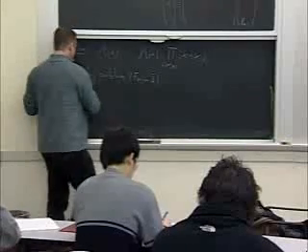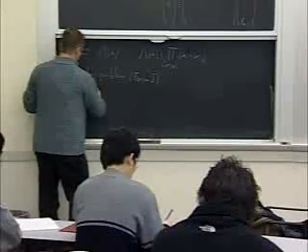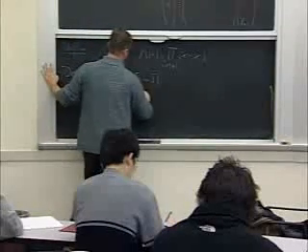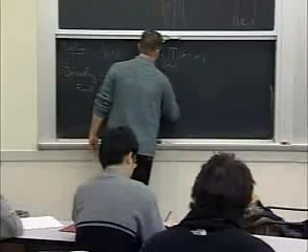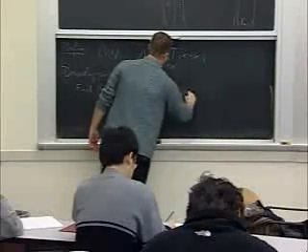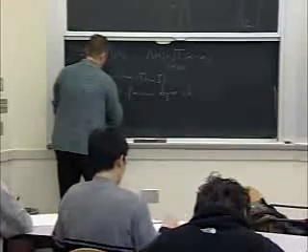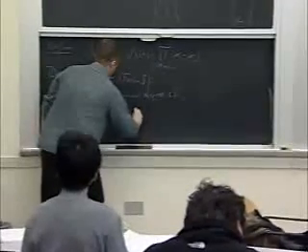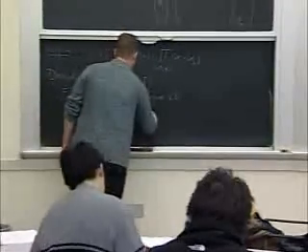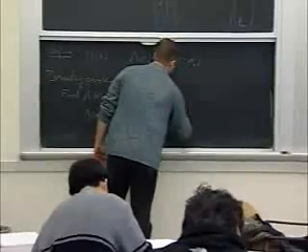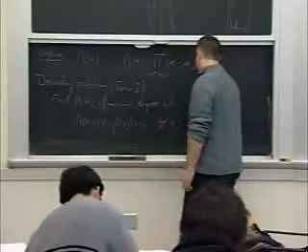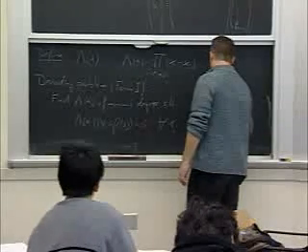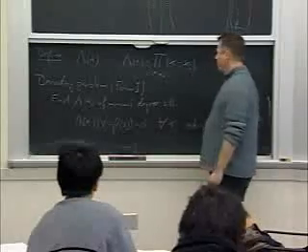Decoding problem 1 is: find lambda of x of minimal degree such that lambda of xi is 0 for all error positions xi, and degree f less than k.